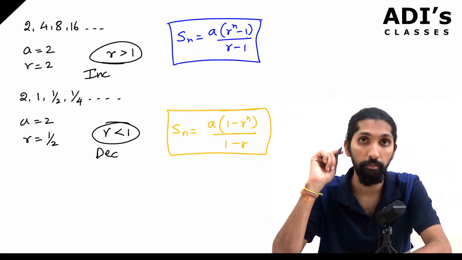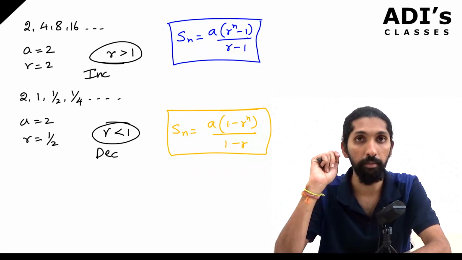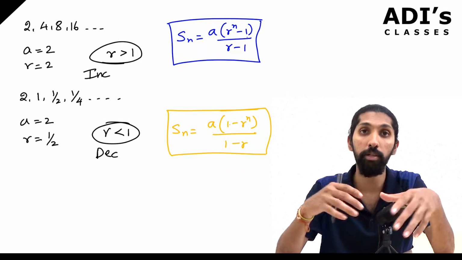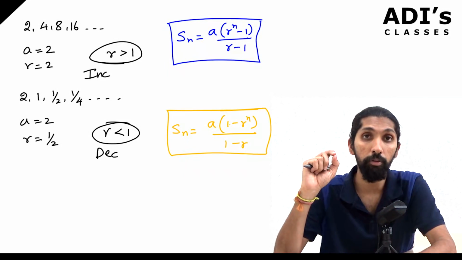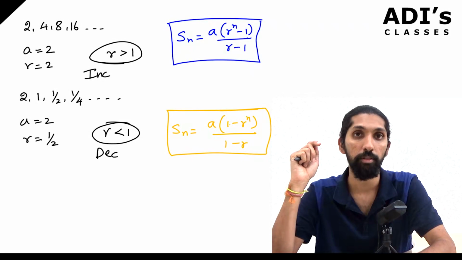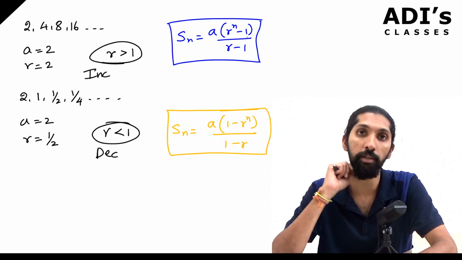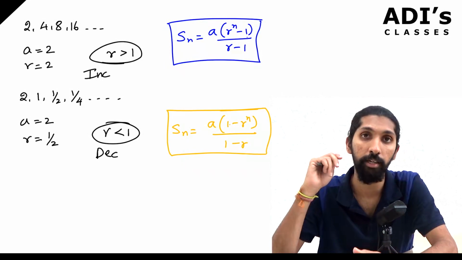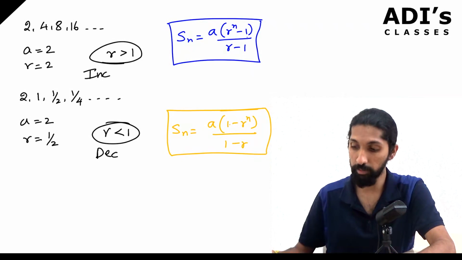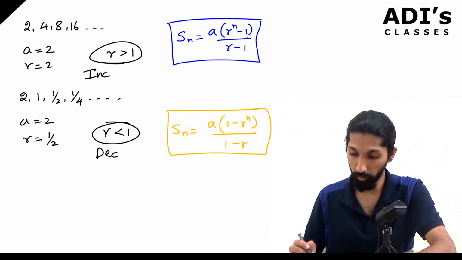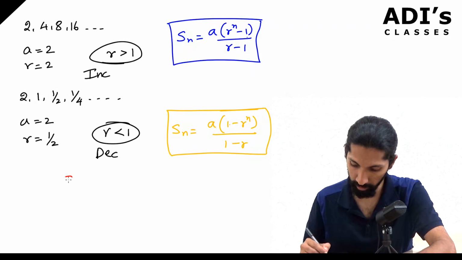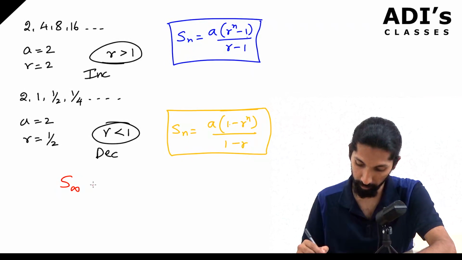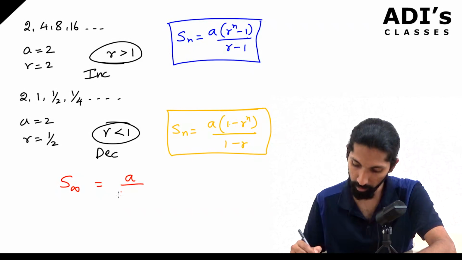But in GP, which is not there in AP, we have another set of numbers, or you can say sequence or series, where there could be an infinite number of terms, and we can still calculate the sum. Okay, infinite terms, not n terms. Now, this is a special formula. We call this S infinity. S infinity is nothing but a by 1 minus r.